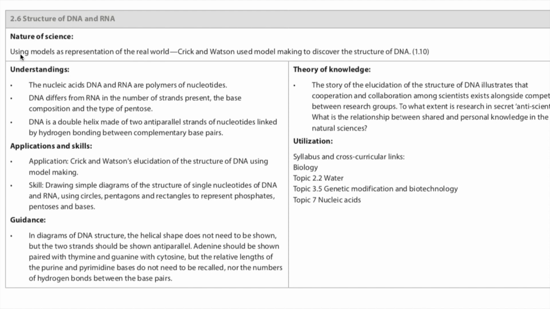Of course, the big picture with the nature of science is using models as a representation of the real world. Watson and Crick elucidated, or figured out and presented, the structure of DNA, largely with the use of models. Models, yes, but they also got a bit of help from the work of a woman called Rosalind Franklin.